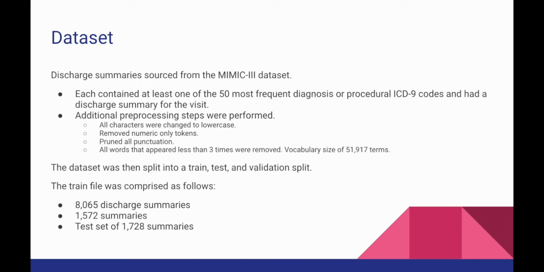The dataset was then split into a train, test, and validation split. The train file was comprised as follows: 8,064 discharge summaries, 1,572 summaries, and a test set of 1,728 summaries.